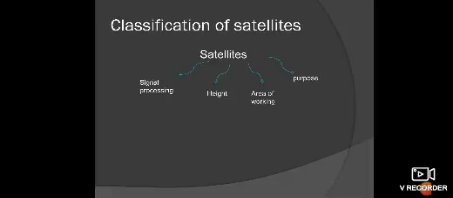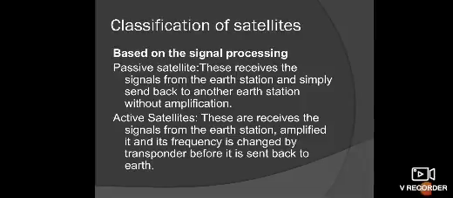Based on signal processing, satellites are classified into passive satellites and active satellites. So what is a passive satellite and what is an active satellite? A passive satellite receives the signals from the earth station and simply sends them back to another earth station without any amplification of the signals.